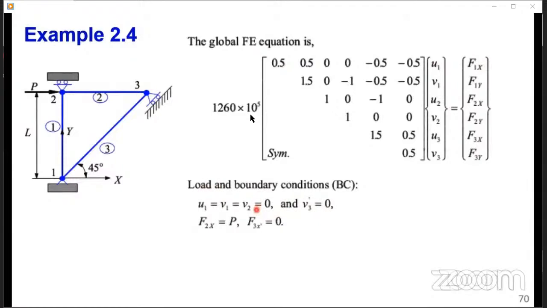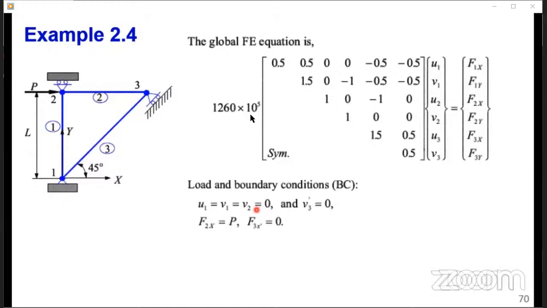The boundary conditions help us to constrain. Remember, initially for the spring element, when we started with the first derivation, there was a singularity, and until we define the boundary conditions, we might not be able to solve. Because in reality, our structure is floating in space, what we call rigid body motion.